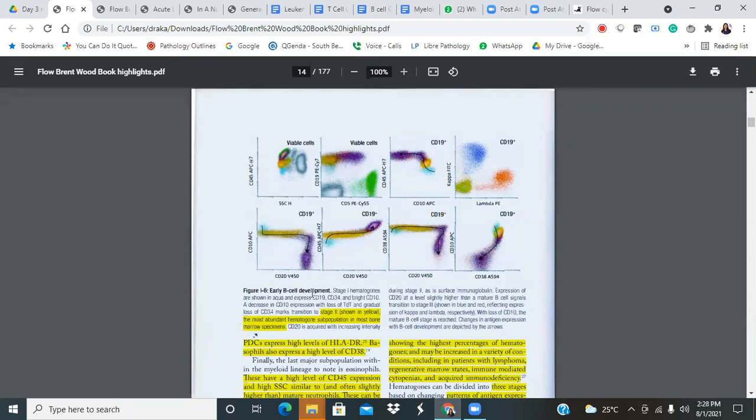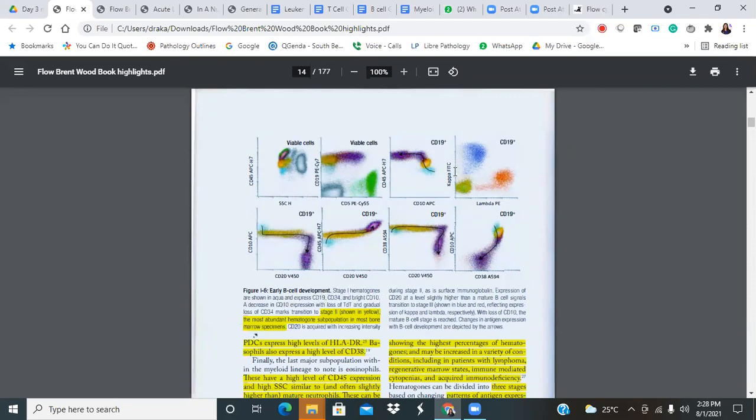The stages of hematogone. Stage 1 is shown in aqua. They have different stages labeled for the hematogones, and they express CD19, CD34, and bright CD10.